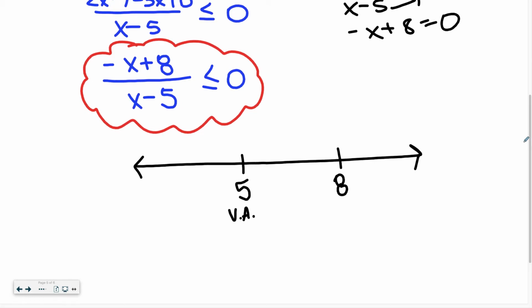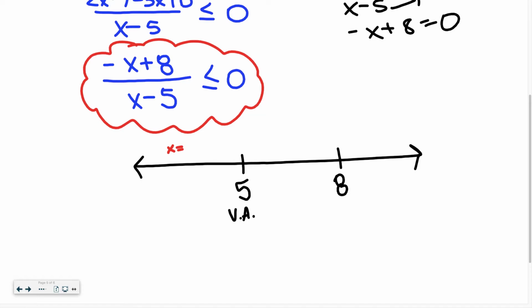Okay? Now let's go ahead and test our intervals. Okay, please choose numbers that are nice to plug in. You're doing some mental math. And really all we care about, we want these numbers to be negative or positive. We want them to be negative because we are less than or equal to 0. So what is a number less than 5 that we can choose? 4, 1, 0.